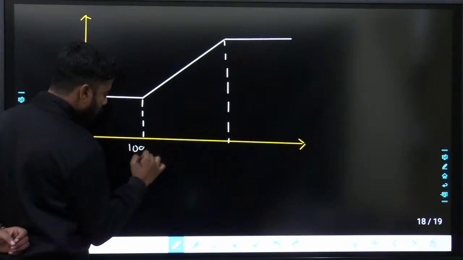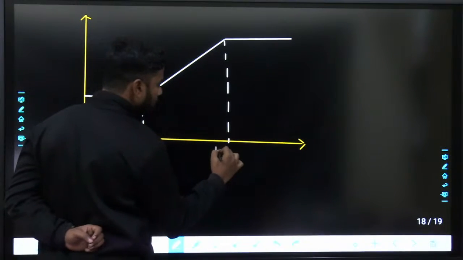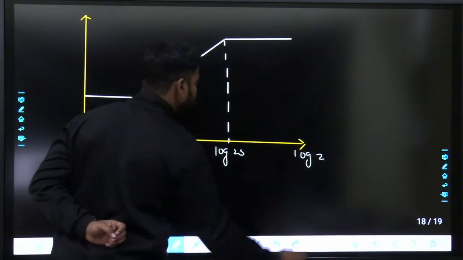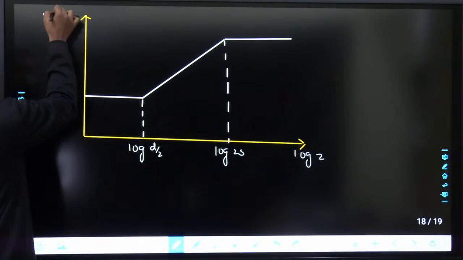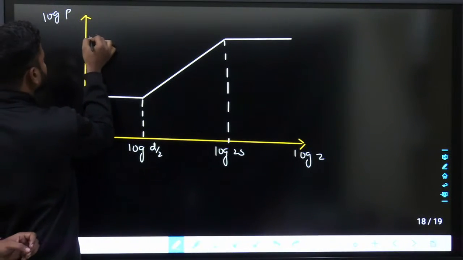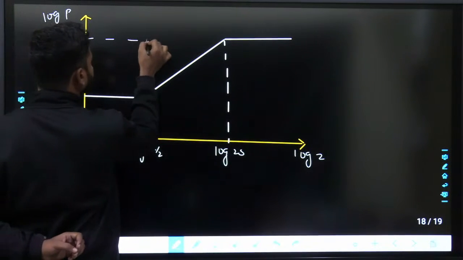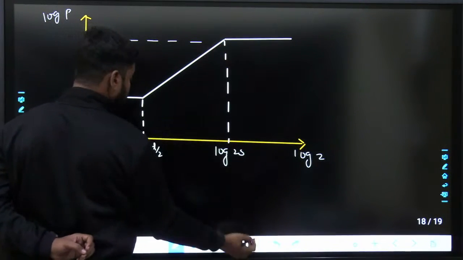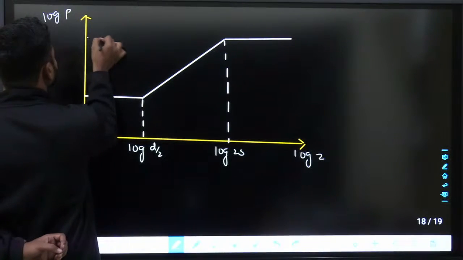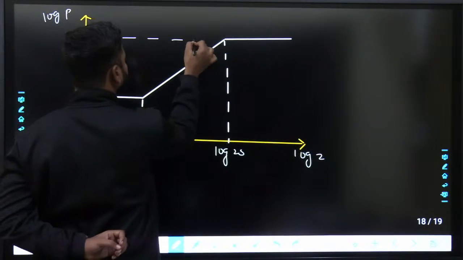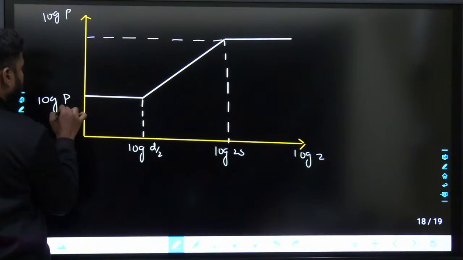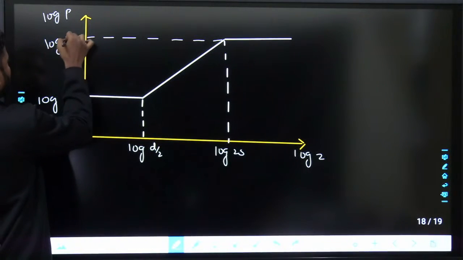This is log D by 2 and this is log 2S, that is the log Z axis, and this one is log P. This is log P and this one is log 2.